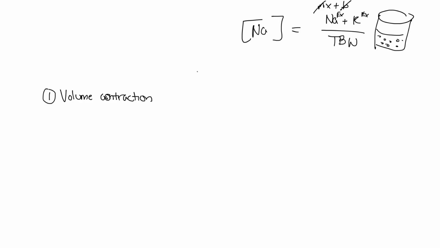Situations where this is the case are something like nausea, vomiting, diarrhea, etc., overdiuresis. So these are situations where a patient becomes incredibly volume contracted.